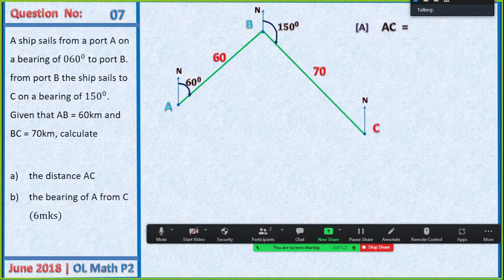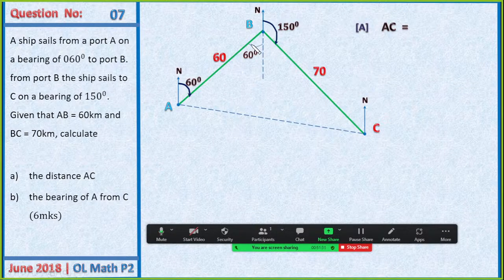Okay, so our AC is this line AC. If you look at this angle here, it is 60, because this is a Z line, a transversal of two parallel lines. This north line is parallel to the other north line, so this angle must be equal to this angle.